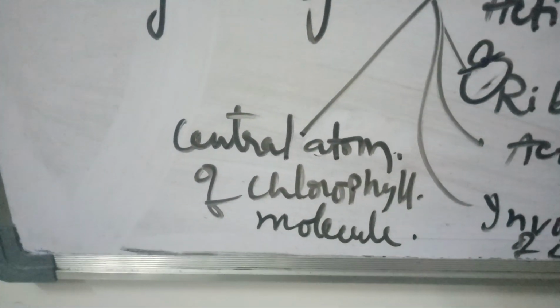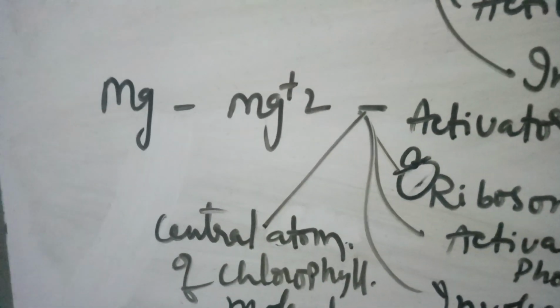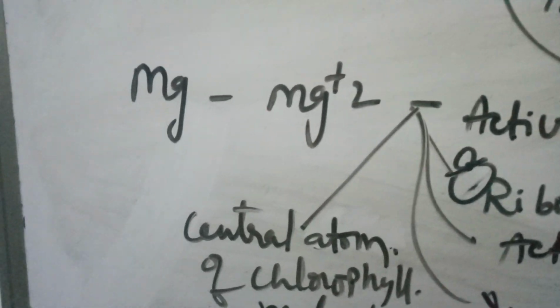And a very important thing is that Mg+2 ion is the central atom of the chlorophyll molecule. Already we discussed this chlorophyll molecule. The central atom is magnesium.